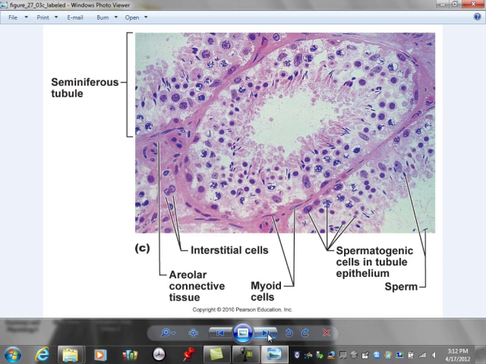So they're going to give rise, or keep turning, down here in the linings of the seminiferous tubules that I find in the testes. So this is where the sperm are born, and that's what we call the male's reproductive cells.